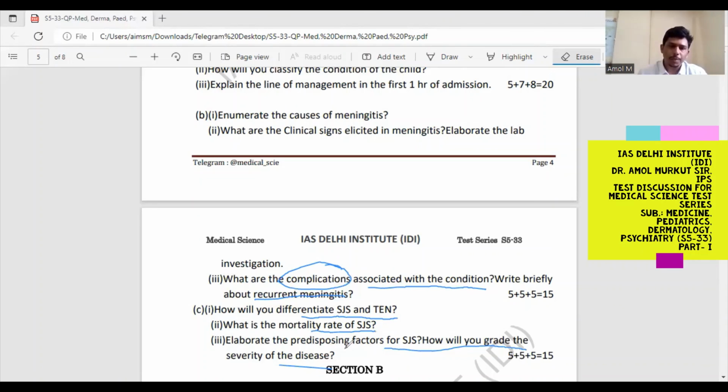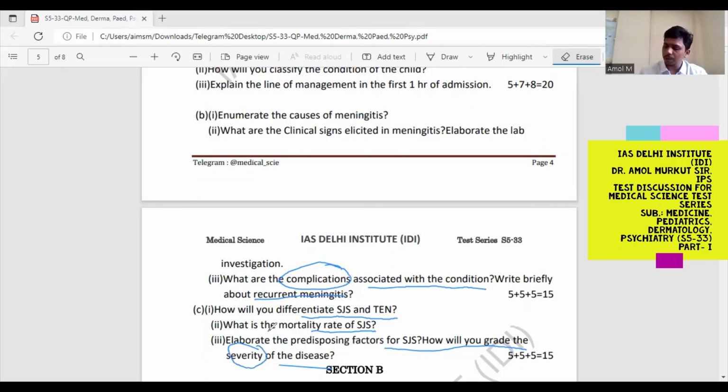Predisposing factors may be some autoimmune conditions, or various autoimmune diseases, and also intake of drugs, which is most important. Intake of which drugs? Say ART therapy, then several anti-epileptic drugs, then few antibiotics such as the class of sulfa drugs. These are the predisposing factors for Stevens-Johnson syndrome. How will you assess the severity of the disease?